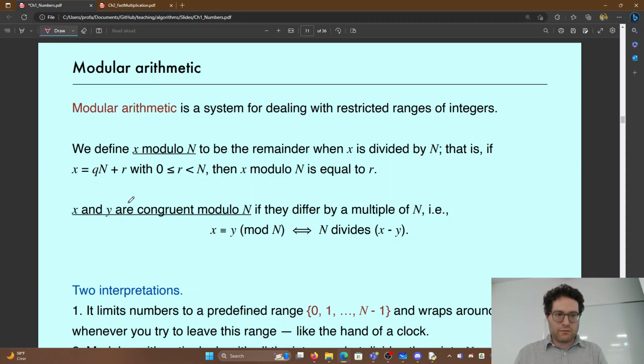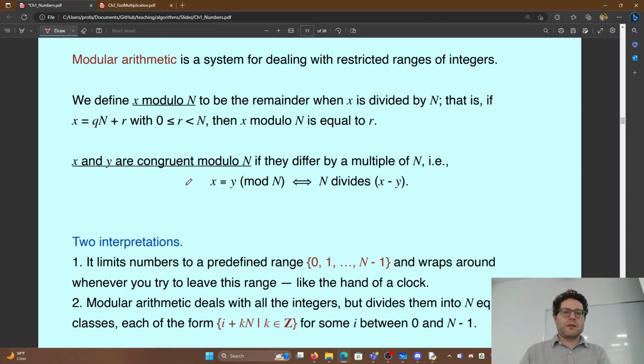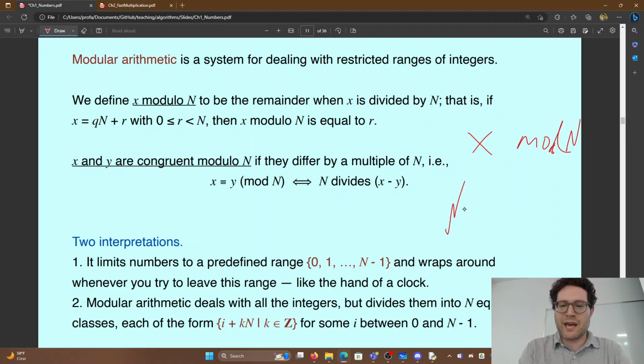All right, so the big thing about modular arithmetic is that when we say that something is x mod n, there's some number that is a multiple of n, and if you subtract n from it, it would be divisible.